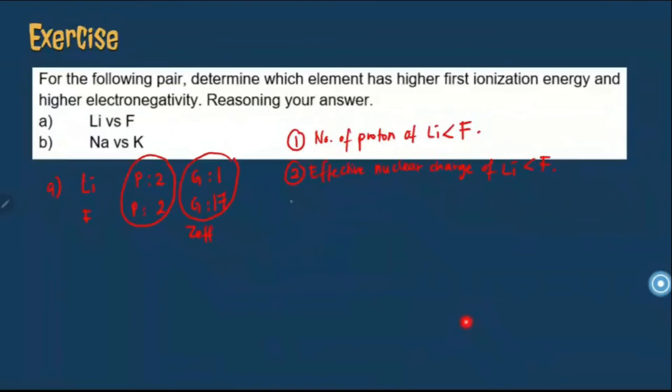The third point is the nucleus attraction towards the outermost electron of lithium is less than fluorine. You cannot use decrease or increase, because right now you are comparing two atoms, so you need to compare exactly. You cannot say decrease or anything like that, because you are not explaining a trend, you are explaining just two elements. So you have to be specific in your explanation.